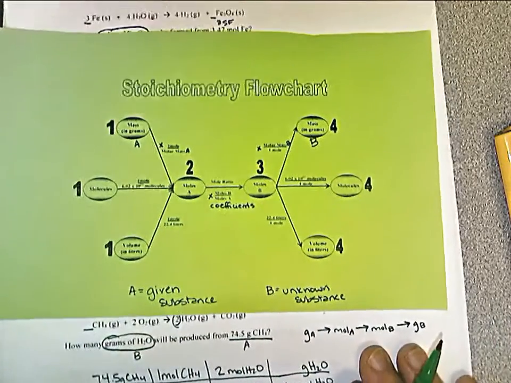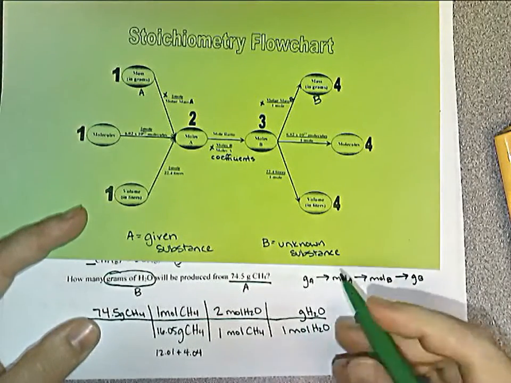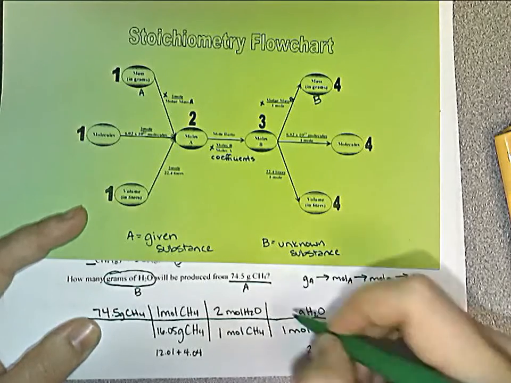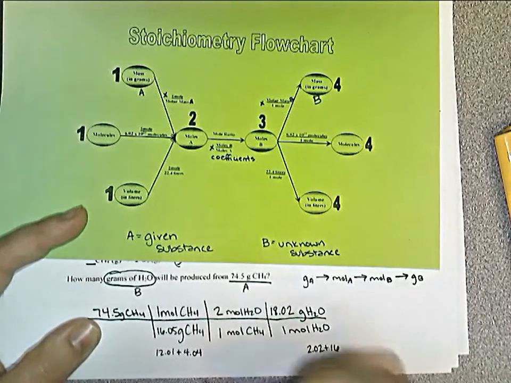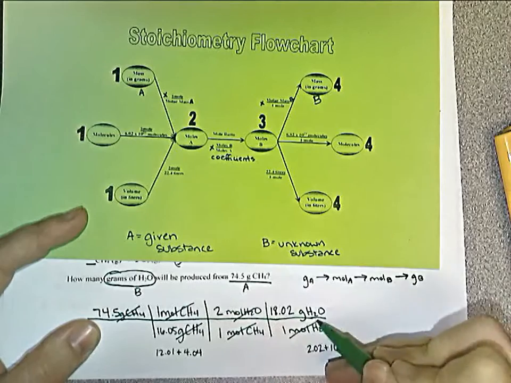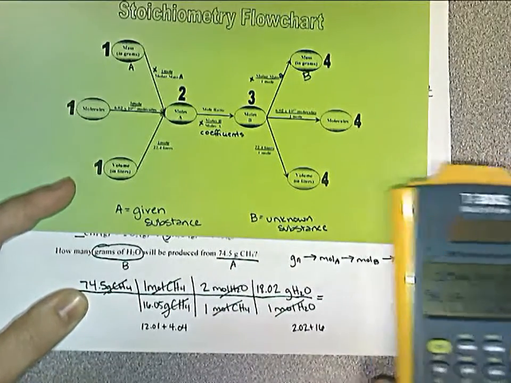Oops. And sorry, guys. My last step is my molar mass of H2O. Well, that's 2 hydrogens plus oxygen, so it's 18.02. And then these cancel, these cancel, these cancel. I know I'm doing this fast, people, but I got to get it in a video quickly.